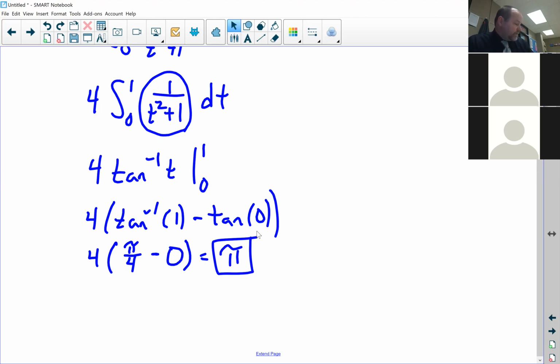And the more we work with them, the more they'll be committed to memory, just like our work with derivatives. All right. Question answered, I hope.